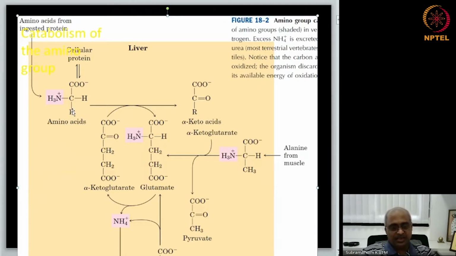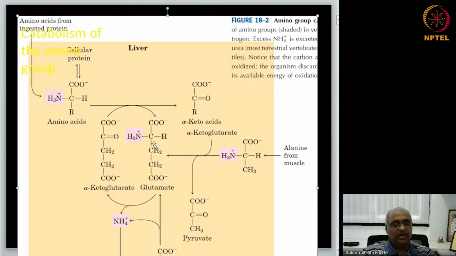So these amino acids are combined with alpha-ketoglutarate in a transamination reaction. So you follow this pink square, collecting the amino group of various amino acids into glutamate form.